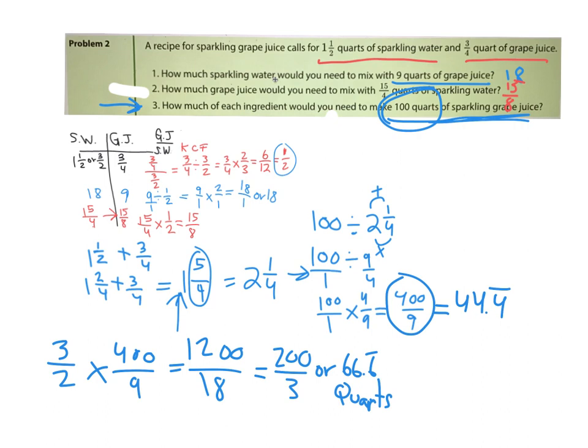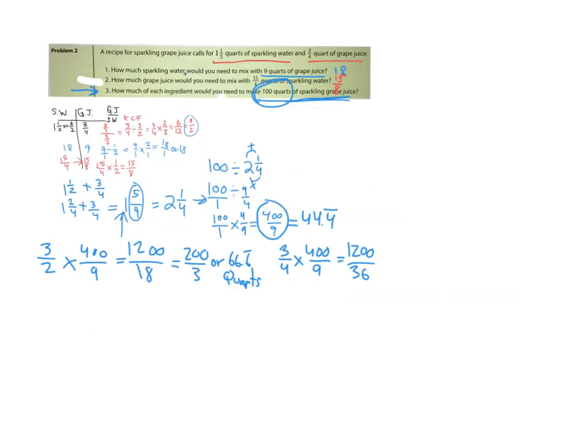Okay. And again, you're going to take the other ingredient. We had 3/4. You're going to multiply that times your 400 ninths, or in other words, multiply that times 44.4 repeating. You're going to get 1200 over 36, or if you simplify that, 100 thirds.